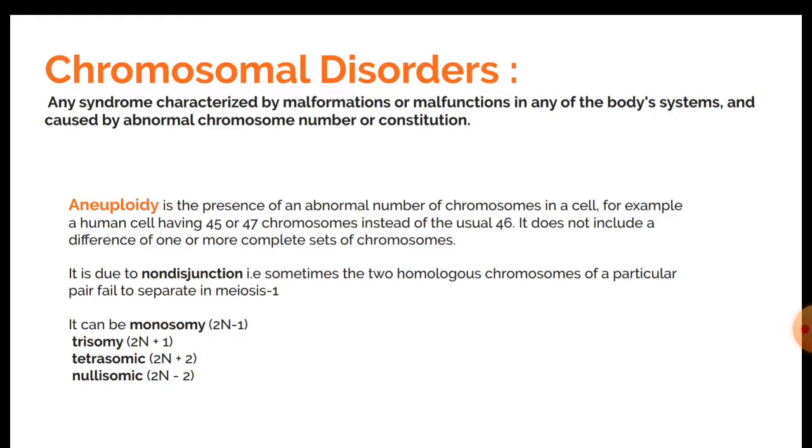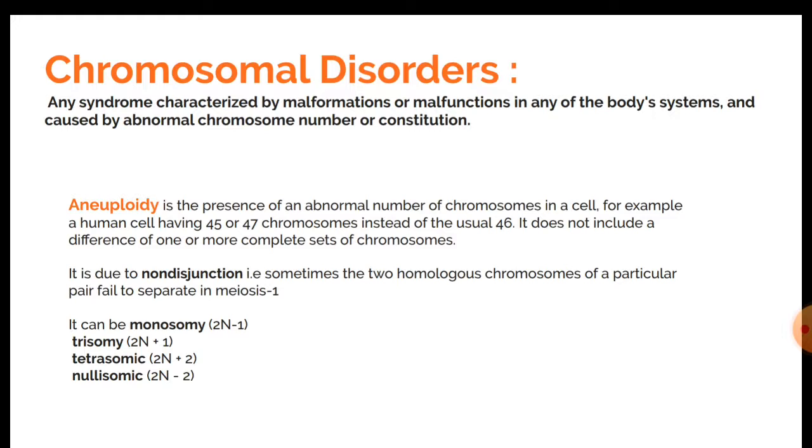An aneuploid having 4 copies of one chromosome is known as tetrasomic, that is 2n plus 2. Right? Now, an aneuploid lacking a pair of homologous chromosomes is known as nullisomic, that is 2n minus 2. It does not have even a single copy of that homologous pair of chromosome.